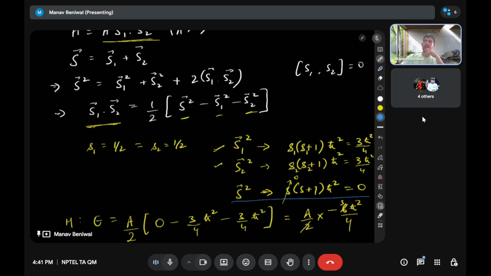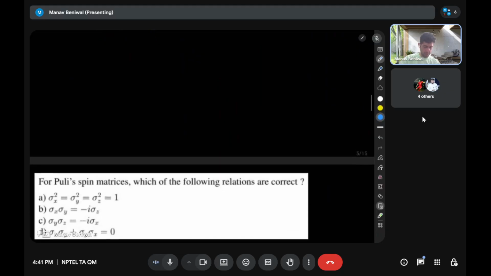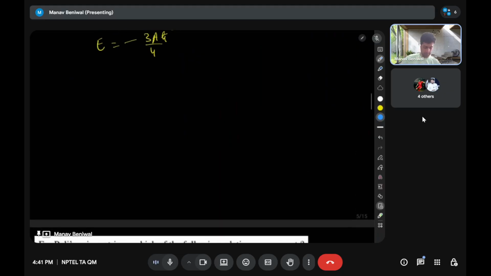Spin is also a kind of angular momentum operator, right? Generally we start with L, and we call this our angular momentum operator.